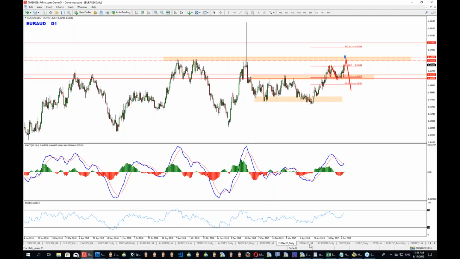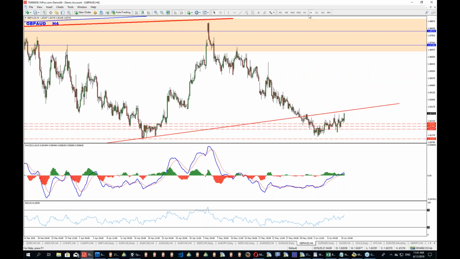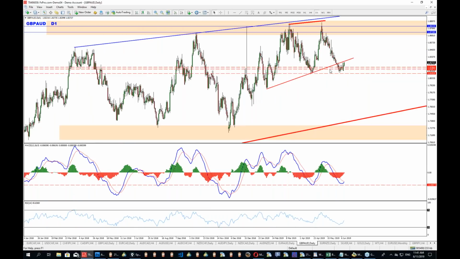Let's see what else we have. Pound Aussie, pushing upwards, breakout. Okay, it couldn't break below, which is kind of strange. Okay, because now we have this, which is going to bring us back to divergence before a breakout. Anyway, it becomes weird, but let's see how it develops.